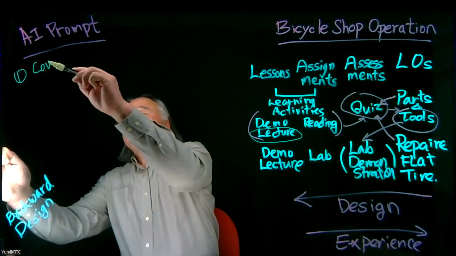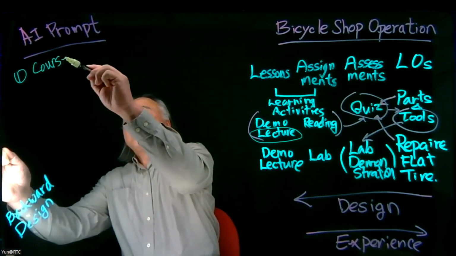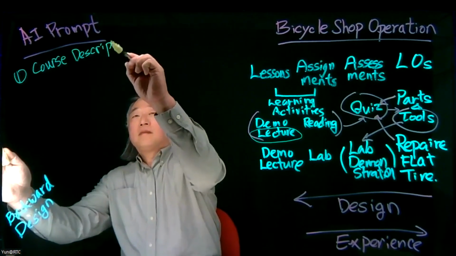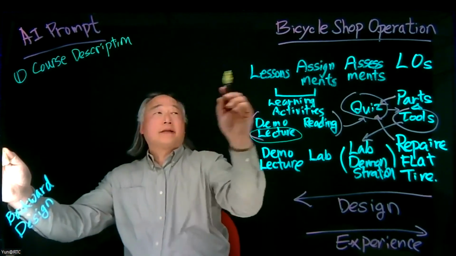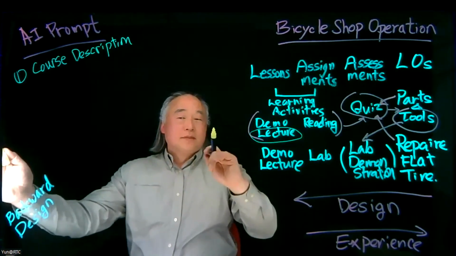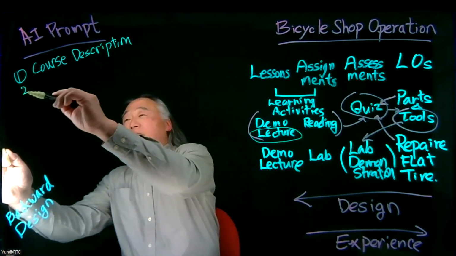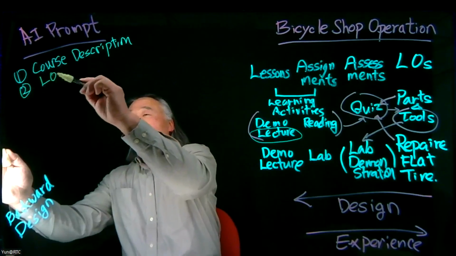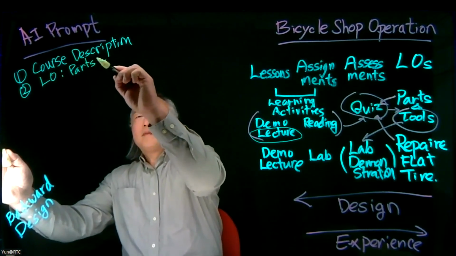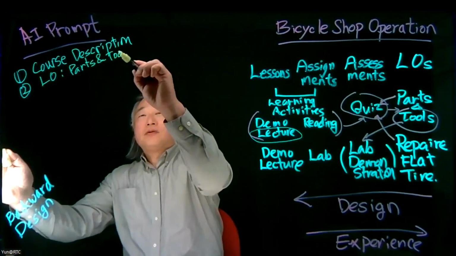course description. So this course is about bicycle shop operation, and the learning outcome is about parts and tools.